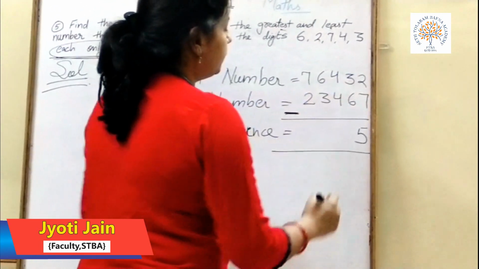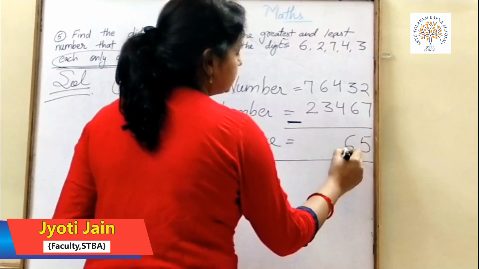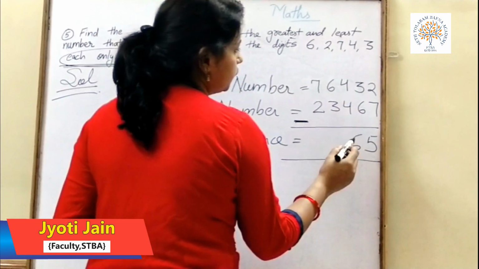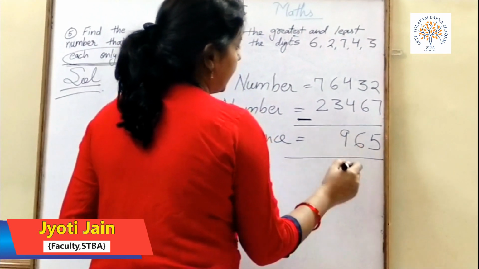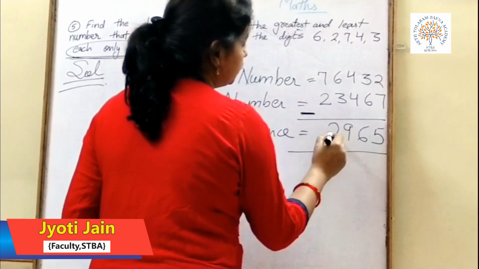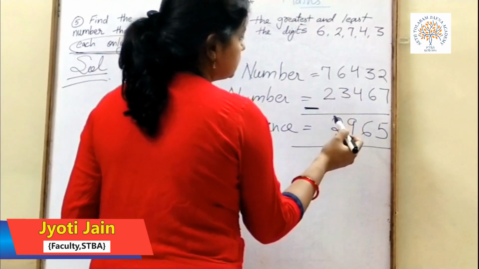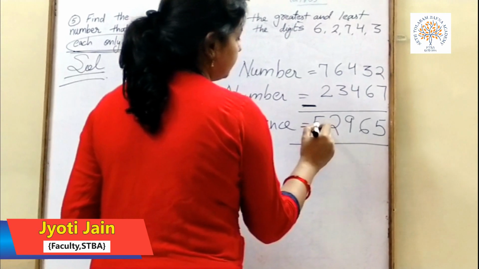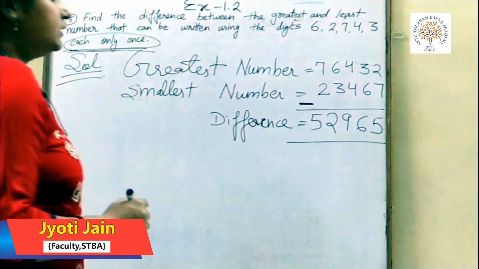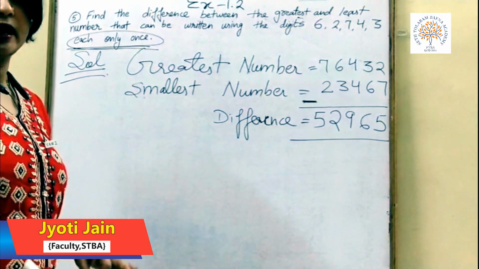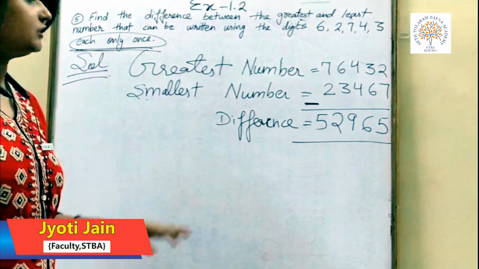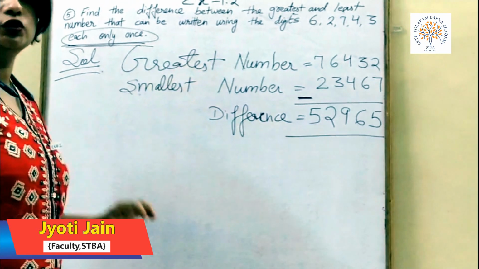Then 12 minus 6 is 6. 13 minus 4 is 9 and 5 minus 3 is 2 and 7 minus 2 is 5. So the answer is 52,965. This is the difference between these two numbers.